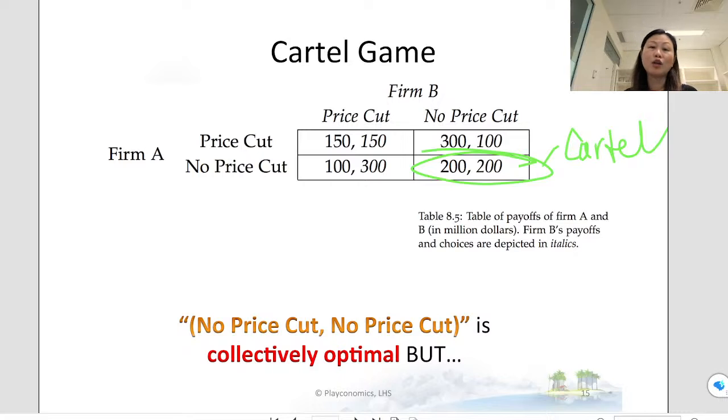Society likes low prices. And therefore, being able to control price like this would not be socially optimal. Let me remind you, a situation is socially optimal when marginal benefit equals marginal cost, total surplus is maximized, and outcome is Pareto efficient, meaning no further gains can be made without harming someone else.